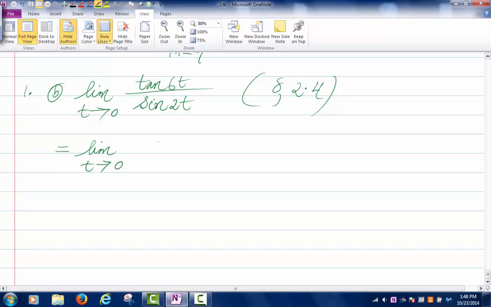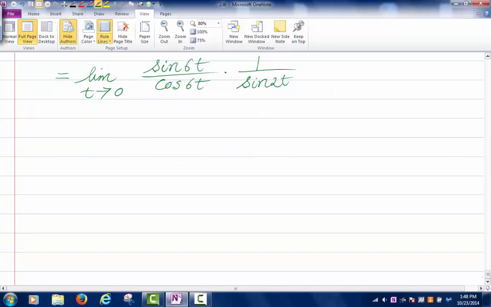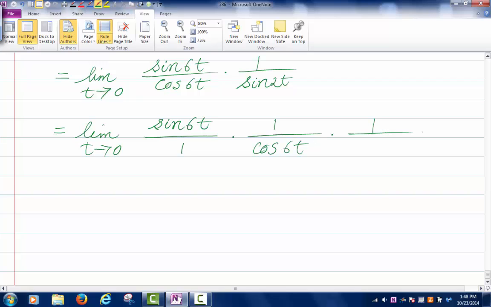Yeah, so you write tangent of 6t as sine 6t over cosine 6t, and then you also have 1 over sine of 2t, and then I think we decided that we would write this as sine 6t over 1 times 1 over cosine 6t times 1 over sine 2t.